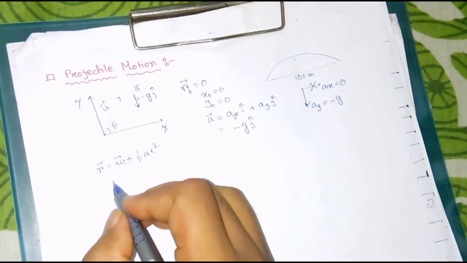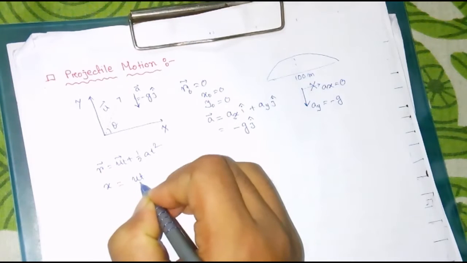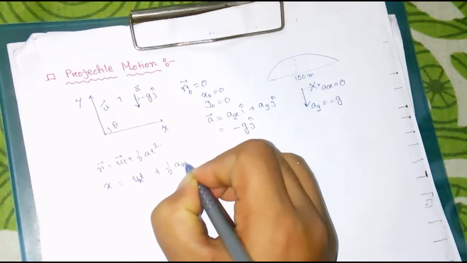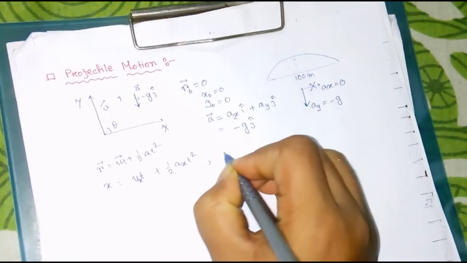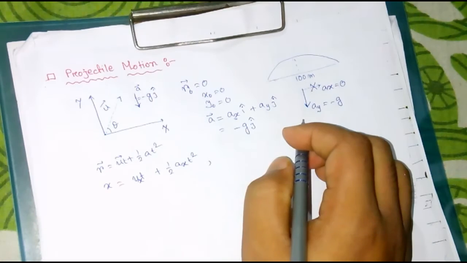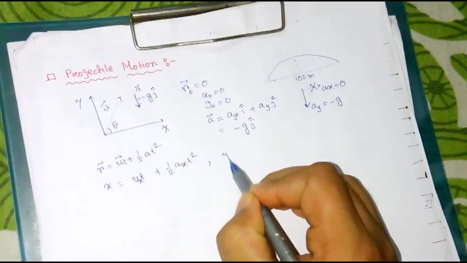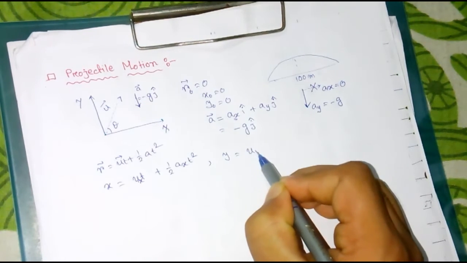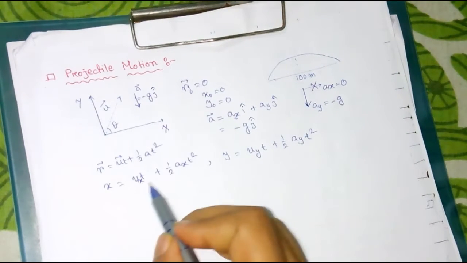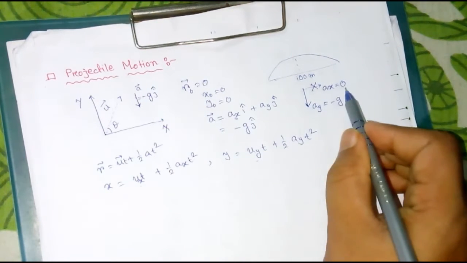So if we want to write component-wise, we can write x equals uxt plus half axt square, and similarly y can also be written as uyt plus half ayt square. Now what are ux and uy? We know ax is 0 and ay is minus g.